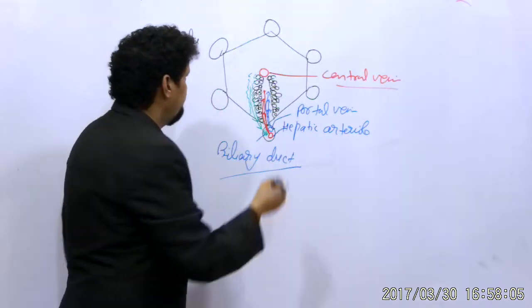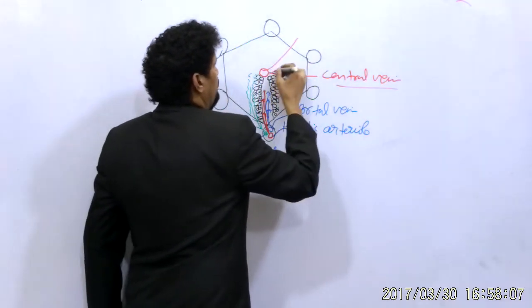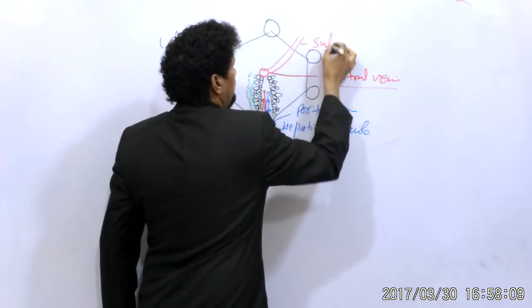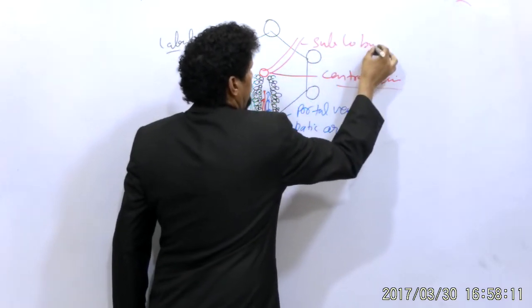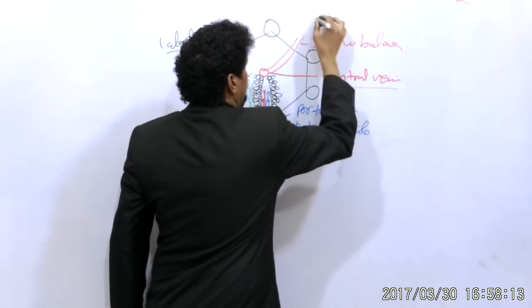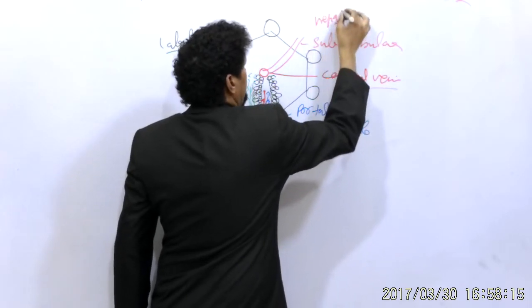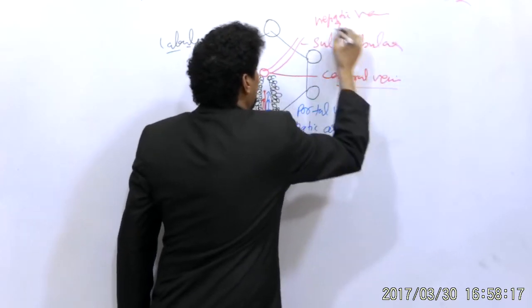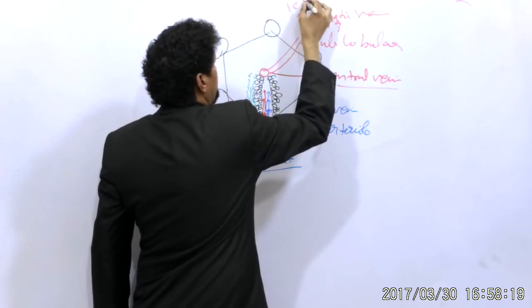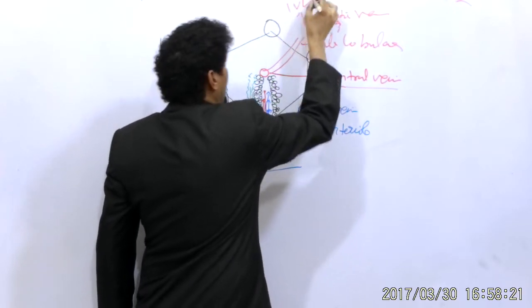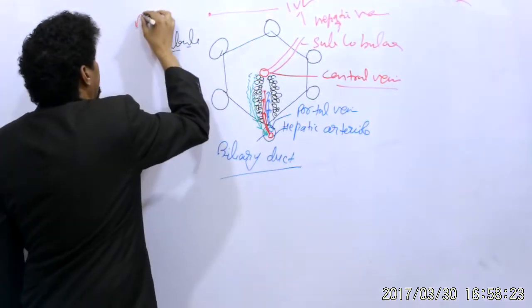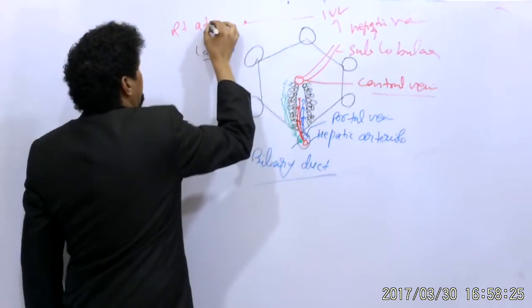And finally, this blood enters the sublobular vein, then the hepatic vein, then the inferior vena cava, and finally the right atrium.